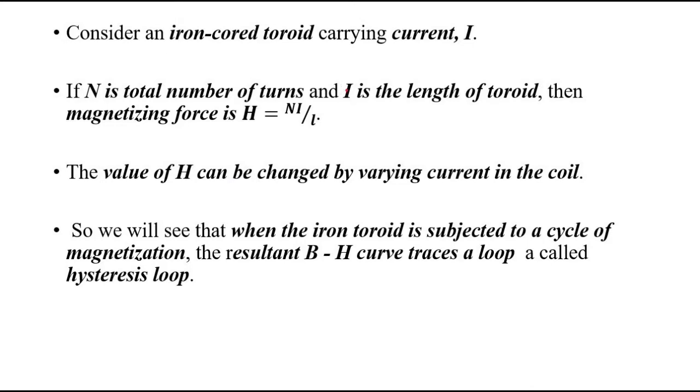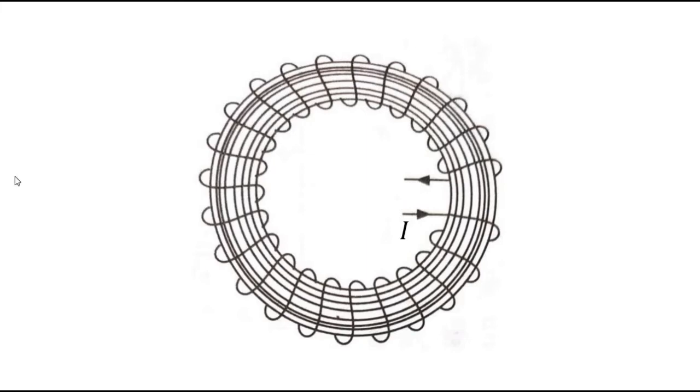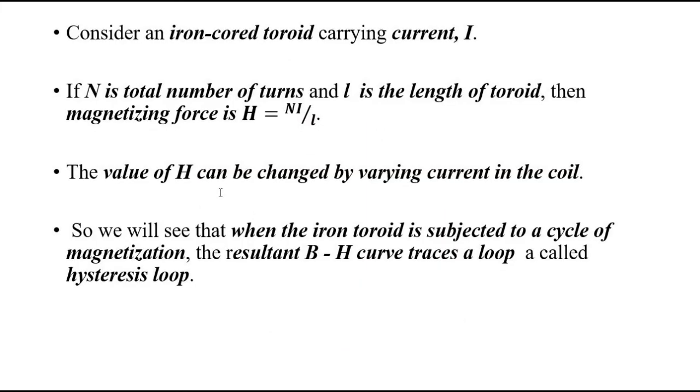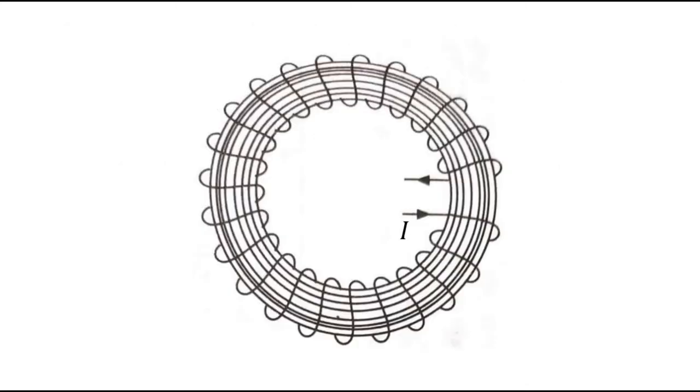This is not capital I, this is actually N. So we have an iron core toroid with N turns of coil, and L is the length of the toroid coil. In that case, the magnetizing force per unit length we have to calculate. It's not simply NI, but NI by L, magnetizing force per unit length of the coil. So this value of H, as you can see, can be altered by changing the current, because the number of turns is fixed and the length of the coil is fixed.